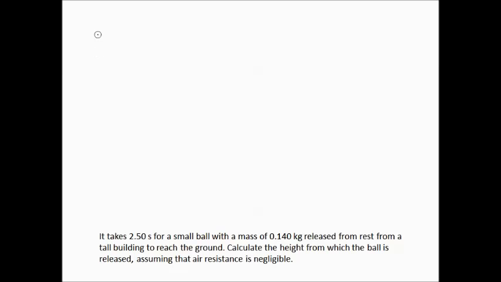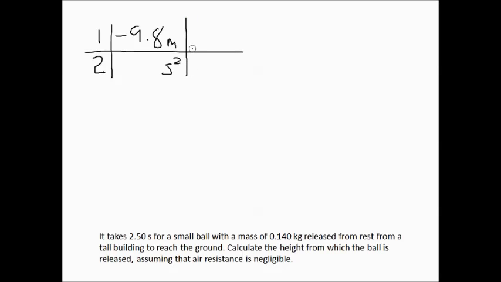So I'm going to have 1/2 times negative 9.8, and the units for that are units for acceleration, so that is meters per second squared. And I'm multiplying it by time squared. So I'm multiplying by 2.5 twice. 2.5 seconds.